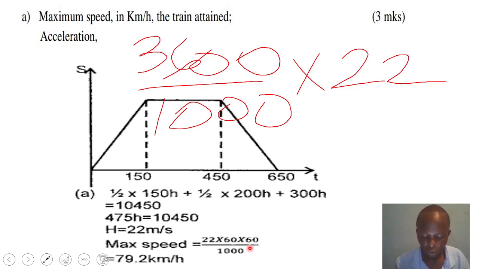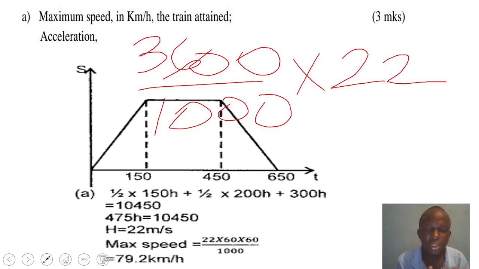And we should know that 1 kilometer is equal to 1,000 meters. That's why we are factoring in 3,600 over 1,000. If we were to do the reverse, converting kilometers per hour to meters per second, you just reciprocate. You just say 1,000 over 3,600 times the speed.